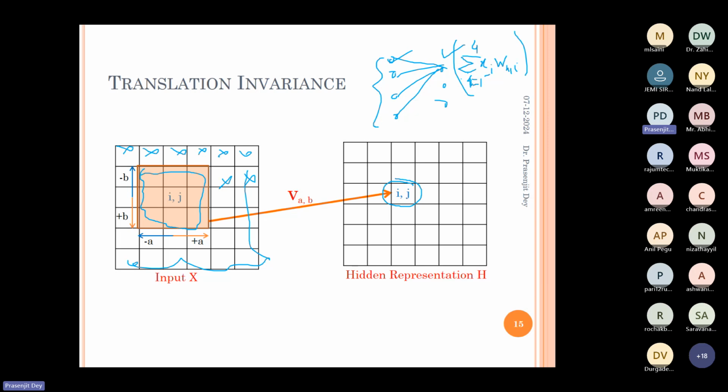If we consider i as 1, then it will be x1 into w11 plus x2 into w12 plus x3 into w13 plus, for the last node, x4 into w14.